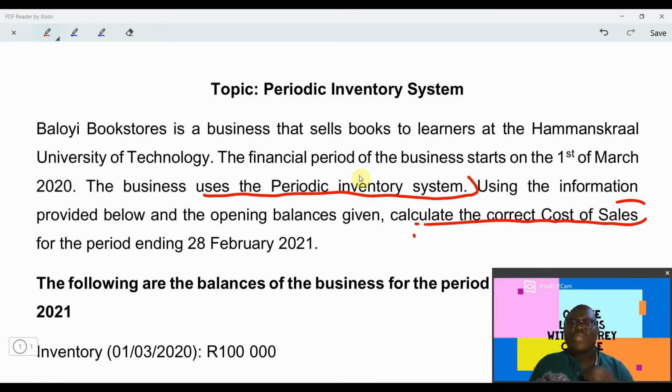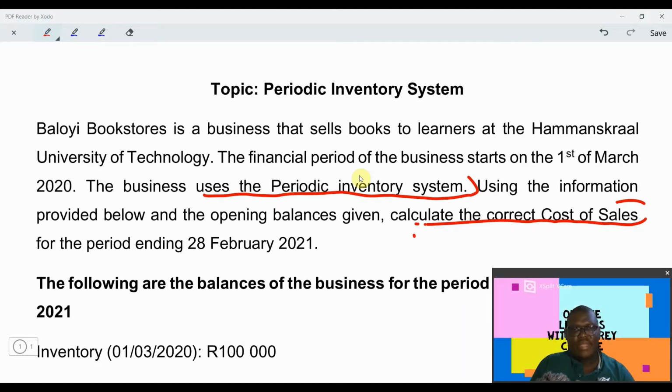So we know that with what we've been given, we are required to calculate the cost of sales, and all we need to do is check the transactions that are given so that we can understand what we are expected to do with the information. They're telling us that this business is selling books at Hammanskraal University of Technology.